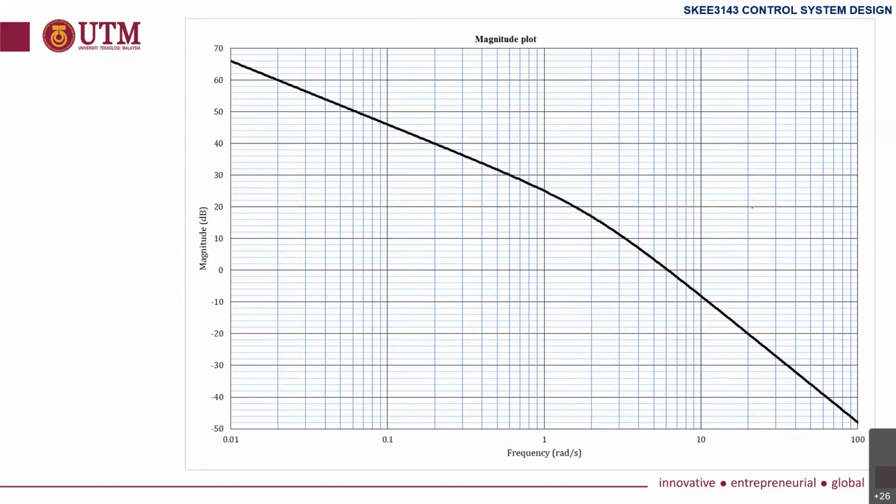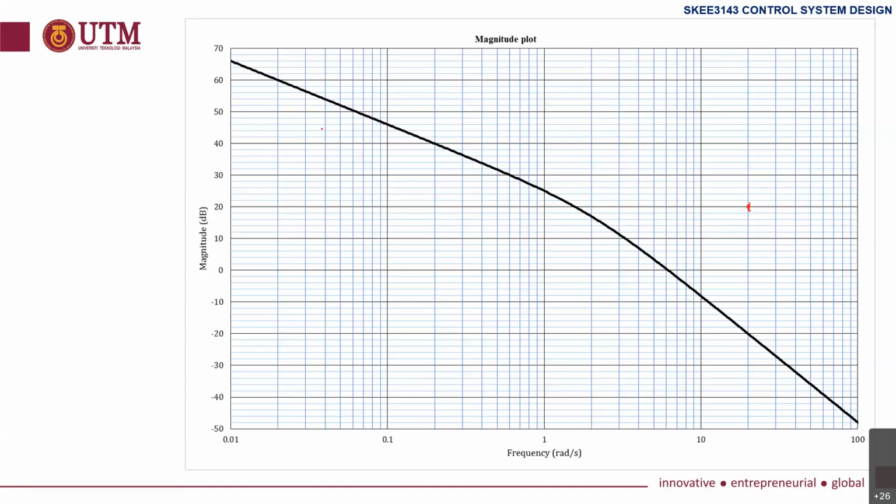This is 10, here 20. The graph here is slightly shifted, I'm not sure, but when I printed, it is okay, 20.